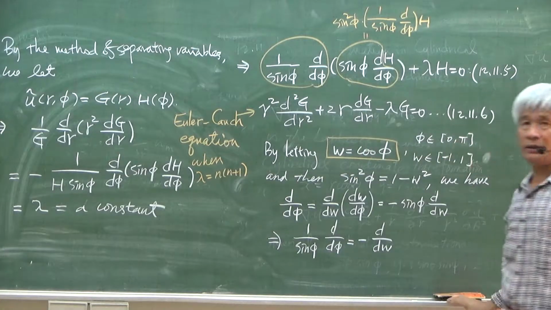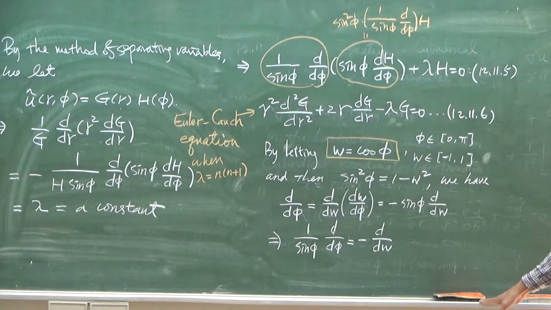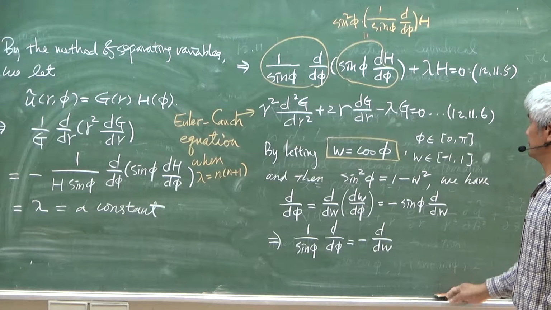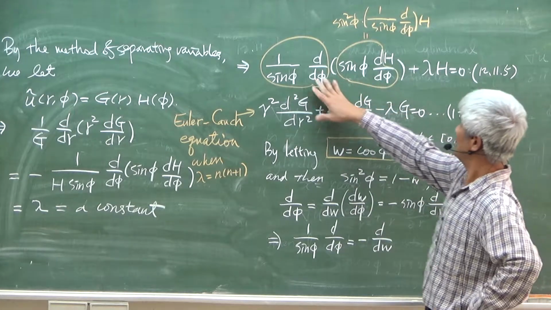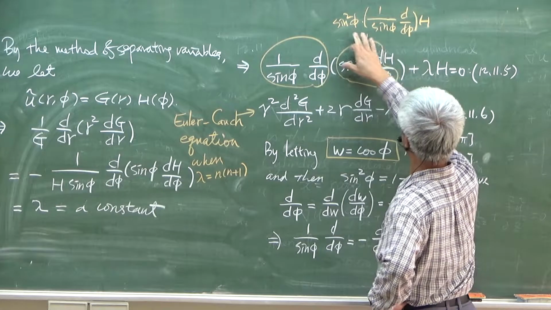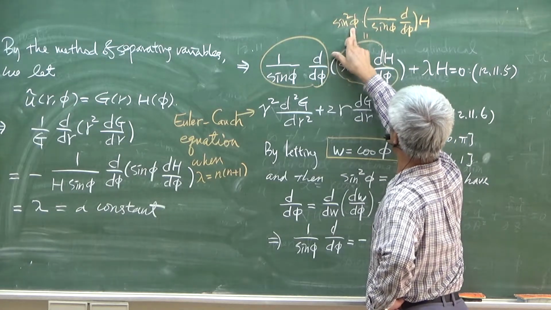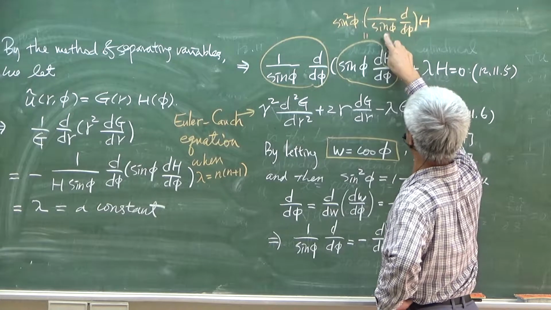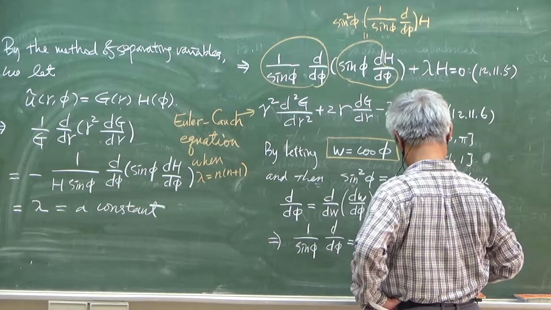So this one is minus dw, and inside you have sine squared phi, and 1 over sin phi d phi here.